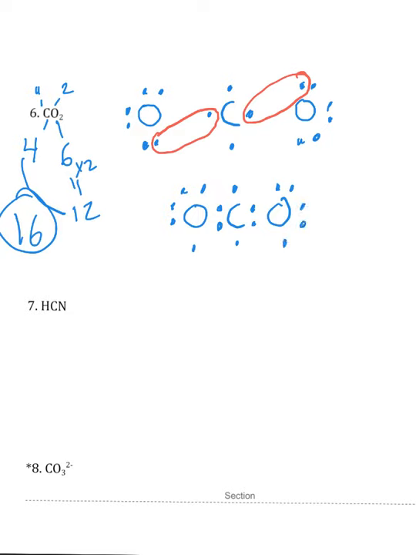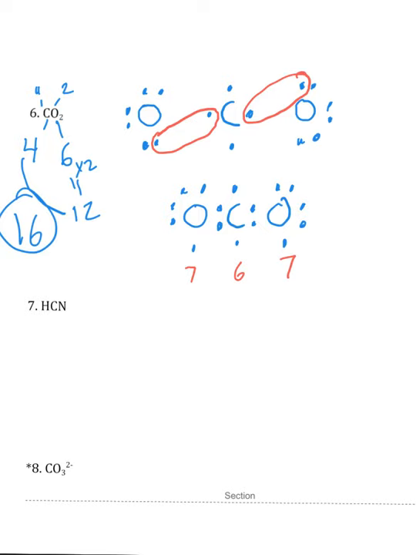Okay, and now I check my structure. Does everything have the correct number of valence electrons? Well, oxygen right now has 7. This carbon has 6. And this other oxygen has 7. So this is not done.